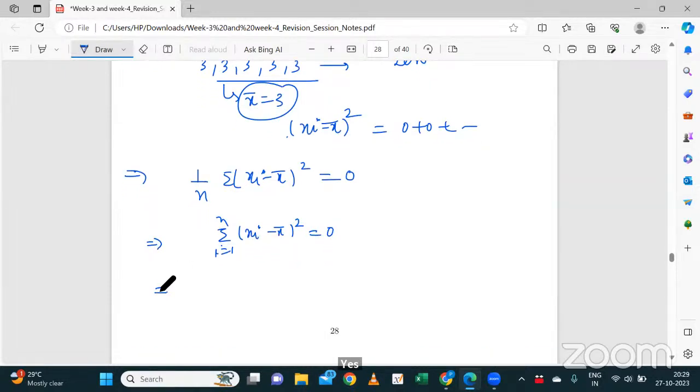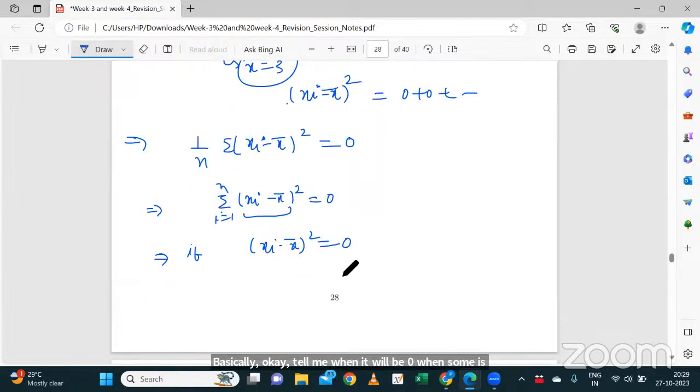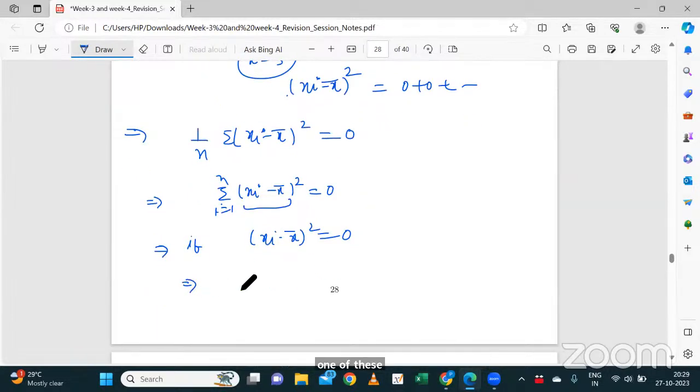Now, if it's 0, that means what? If squares are 0, basically, tell me when it will be 0. When the summation of these whole things will be 0, when both xi minus x bar whole square will be 0. When squares will be 0, when xi minus x bar is equal to 0.